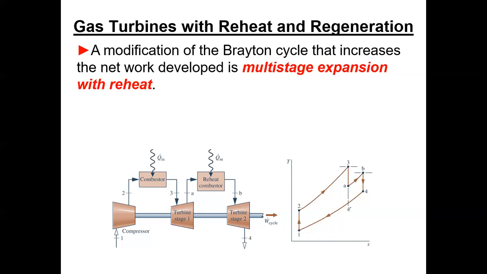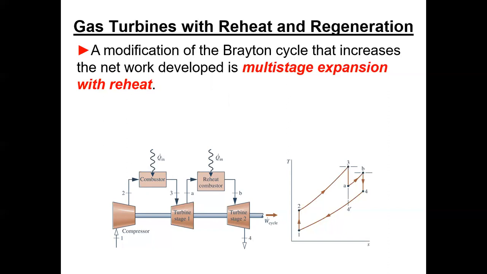Well, here it is, just with a Brayton cycle instead of a Rankine cycle. It's the same thing. So you see we come out of our compressor at 2, we go into the first combustor, burn some gas, heat it up. That's 2 to 3. So this is constant pressure, heat it up to whatever our specified temperature is.